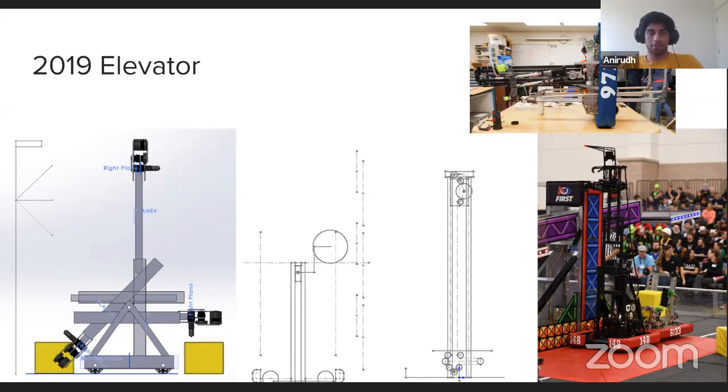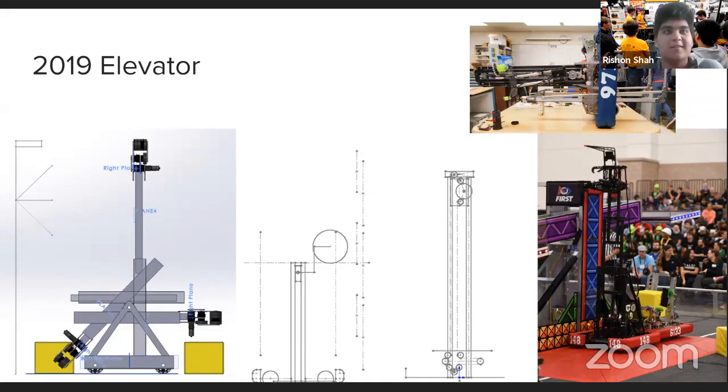Sean, would you like to do the next question? Sure. The next question is, how would you recommend teams with small budgets pursue more prototyping? I guess making sure that you're developing mechanisms that are within your means to prototype.